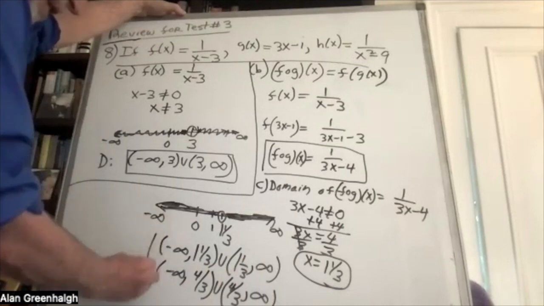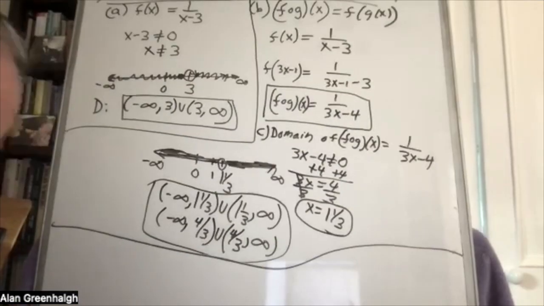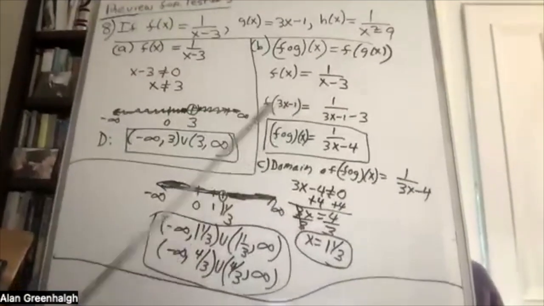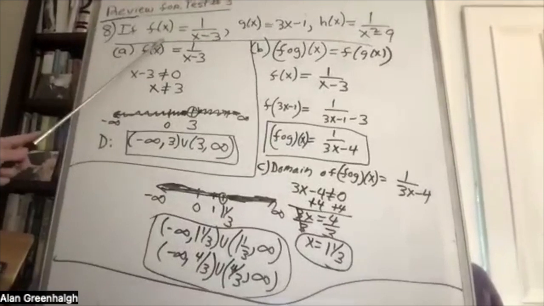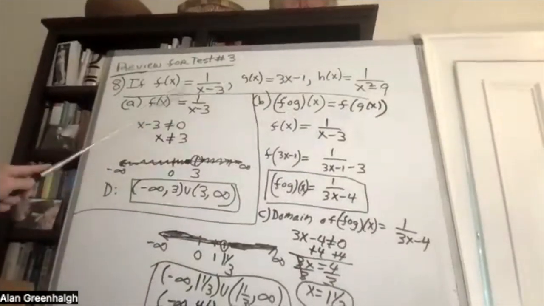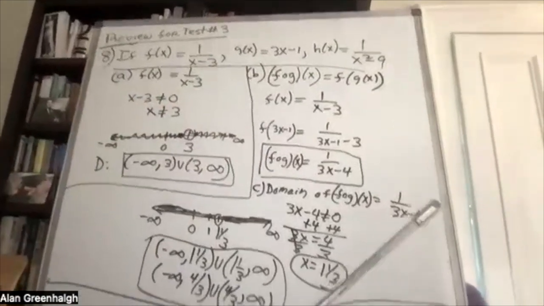Okay, so either one of these is the answer. So we have, for this problem, 3 parts. You're given three functions. Now we've used these two functions. We haven't used that one, so that's going to come next.